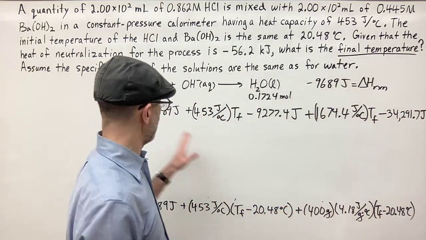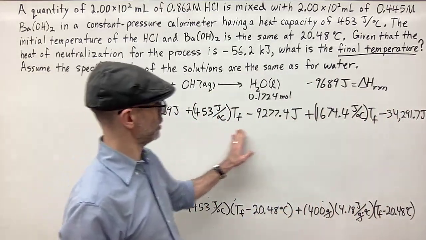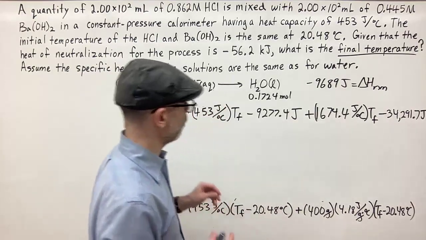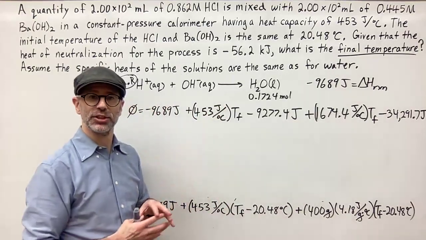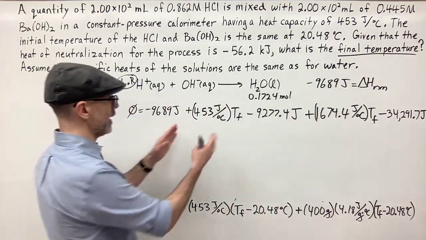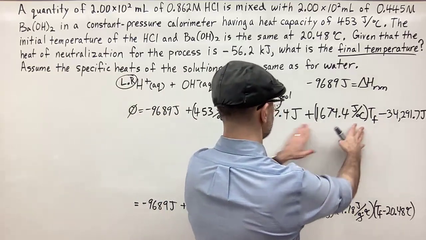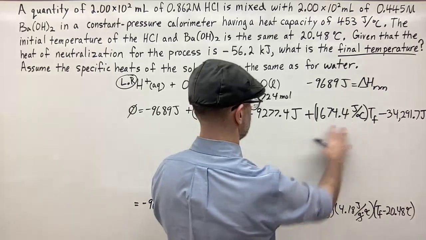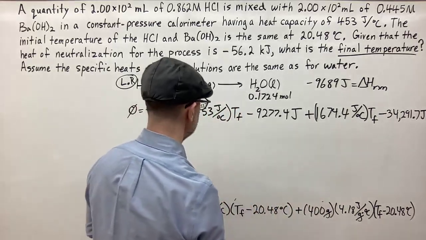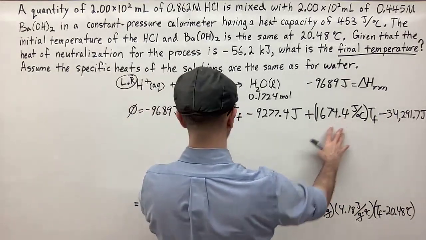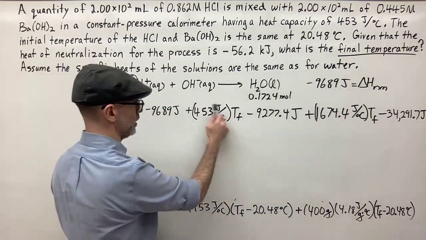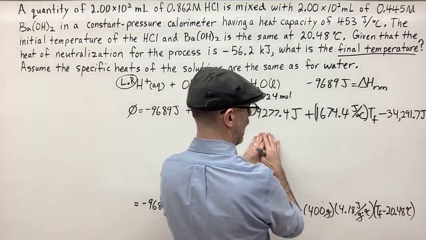Okay, so now I have it a little bit more simplified. Now what I want to do is add the like terms together. Here I have a TF term, and here I have a TF term, so I'm going to add those together. When I add these together, notice they have the same units, so they can be added together.